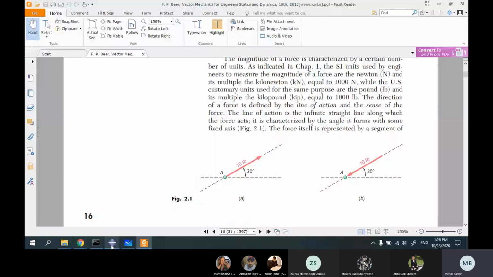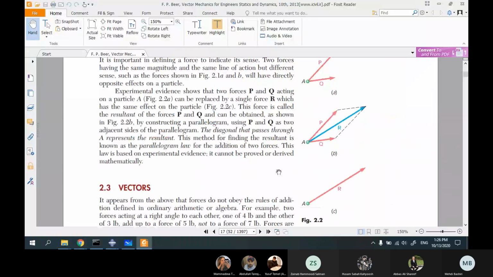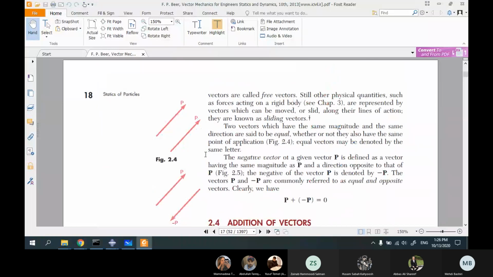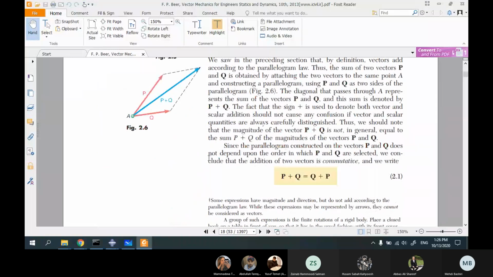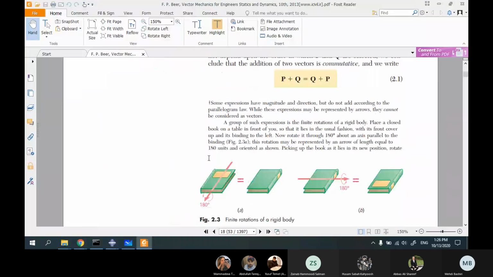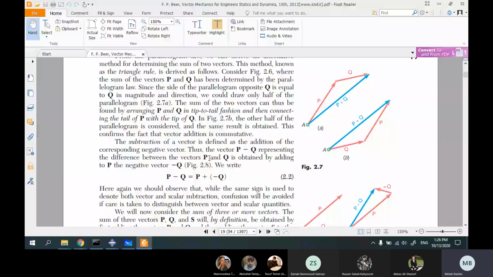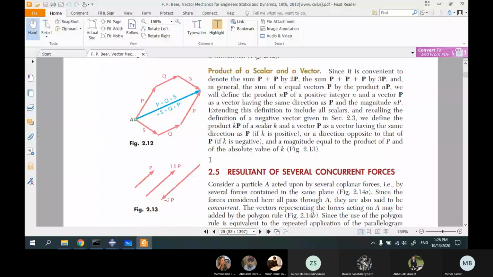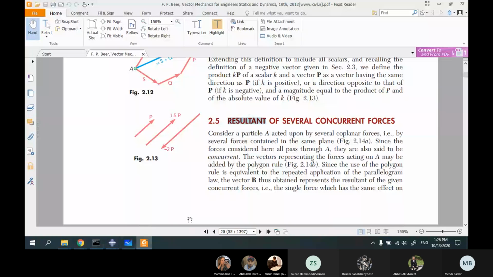You have to specify that this degree is with respect to what? In here, as I said, resultant of the forces.